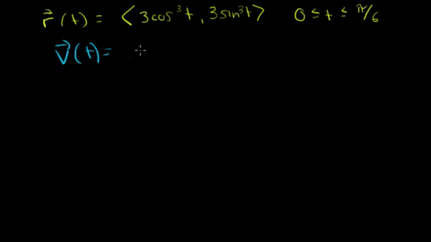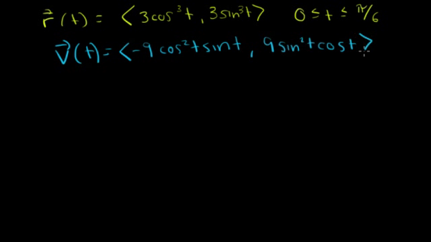Now, when we take the derivative of a vector in its component form, we're just taking the derivative of each component. So that ends up being negative 9 cosine squared of t sine of t, and then 9 sine squared of t cosine of t.